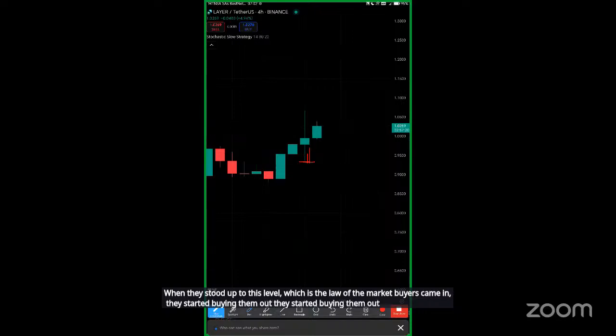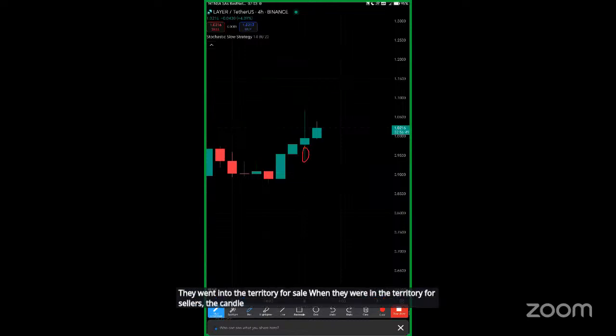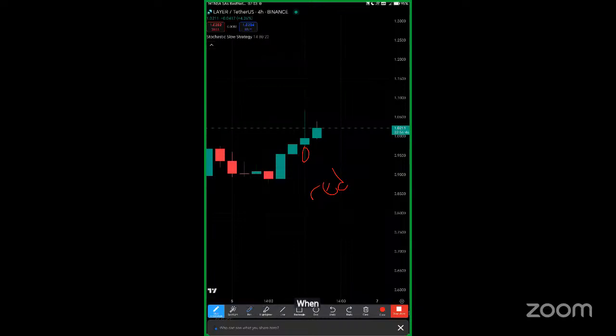When they started buying them out until they reached the opening price, the moment the price reached its opening, the color of the candle changed. It's like buyers went into the territory for sellers. When they were in the territory for sellers, the candle was still red.